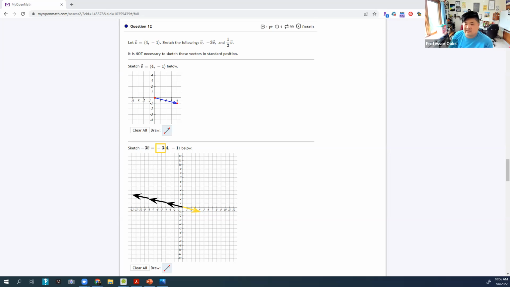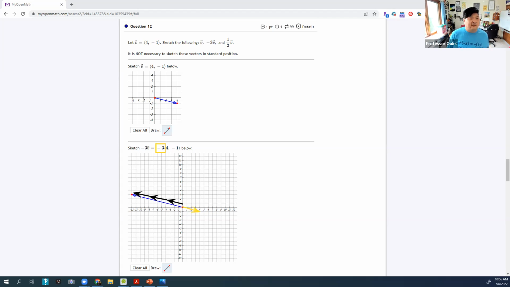So that's actually -3 times v, or -3 times the -1. So then my answer would be starting at 0, 0 and drawing over to that point right there. That's what this is doing: taking that one and pointing it 3 times in the opposite direction.